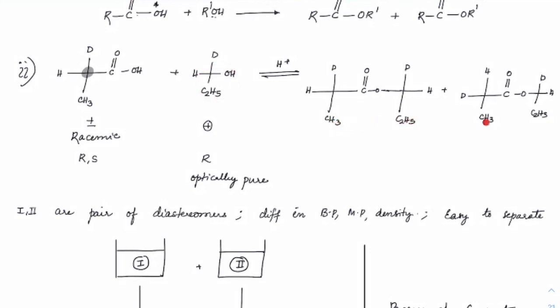Then we will get two types of esters, because this oxygen can combine here on C double bond O. One will combine with the R form, so this could be R and R, this could be S and R. So we get a pair of diastereomers.